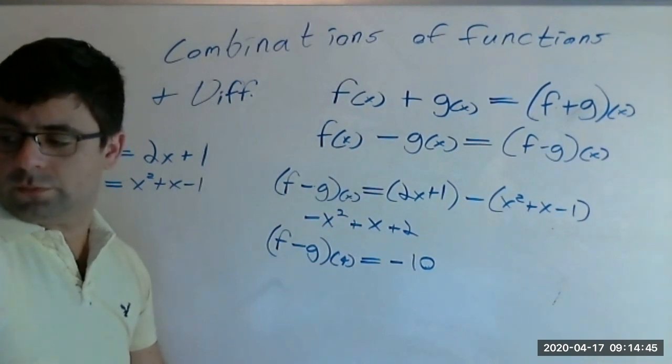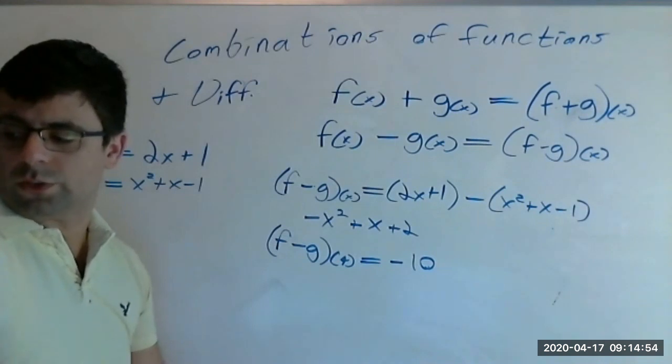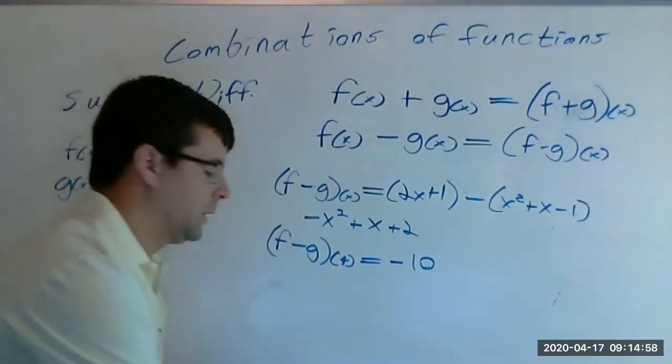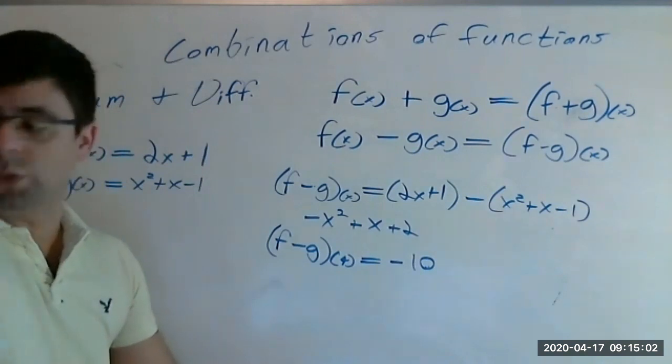So this is the shorthand for just adding and subtracting functions. Don't overthink it. We're just doing stuff that we've already done a bunch of times. It's nothing too intricate.